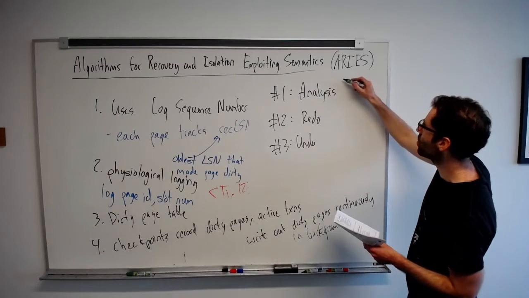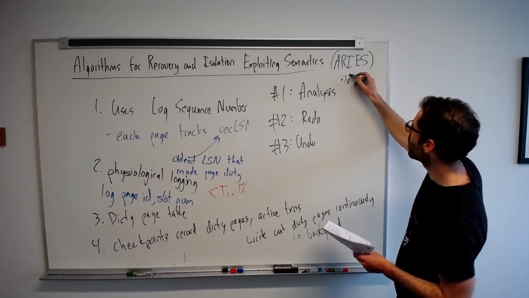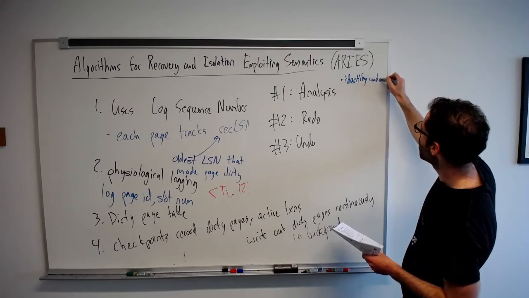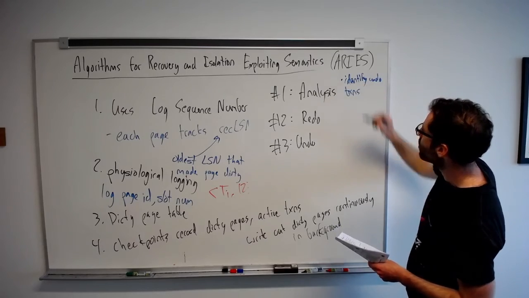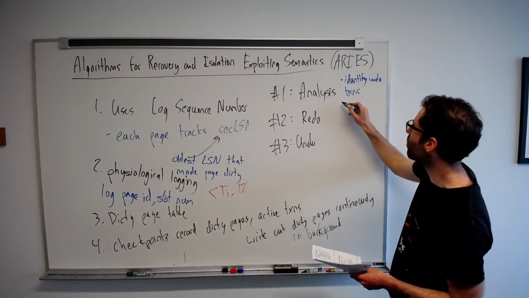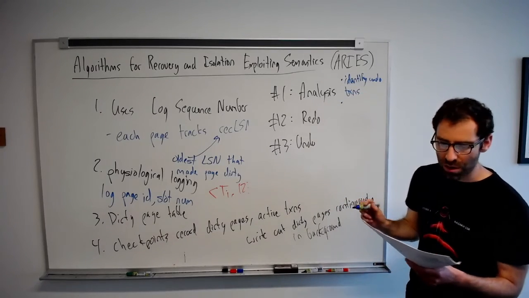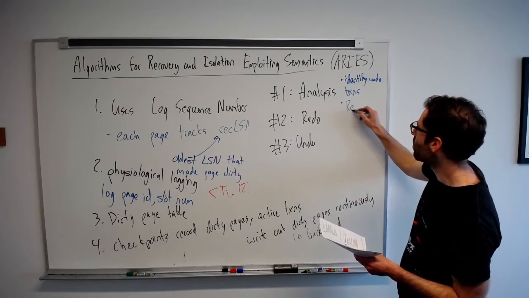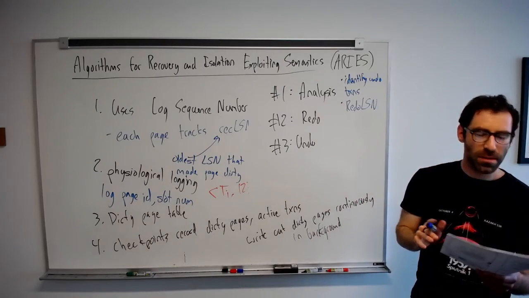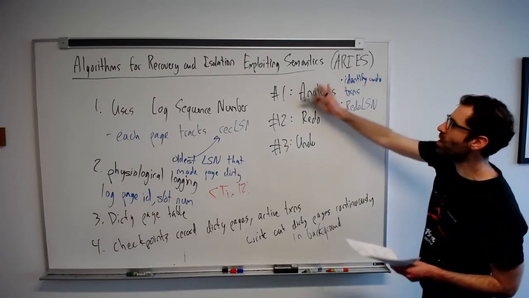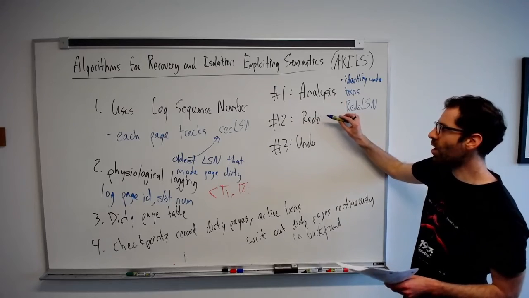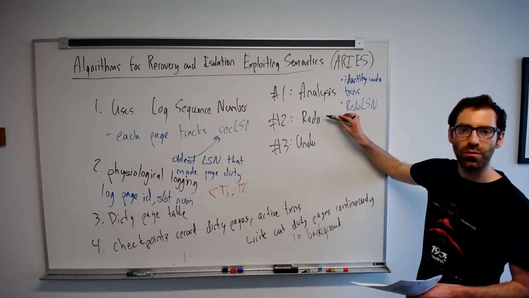It's going to identify our undo transactions, just like our undo list from before. It's also going to find a redo LSN.